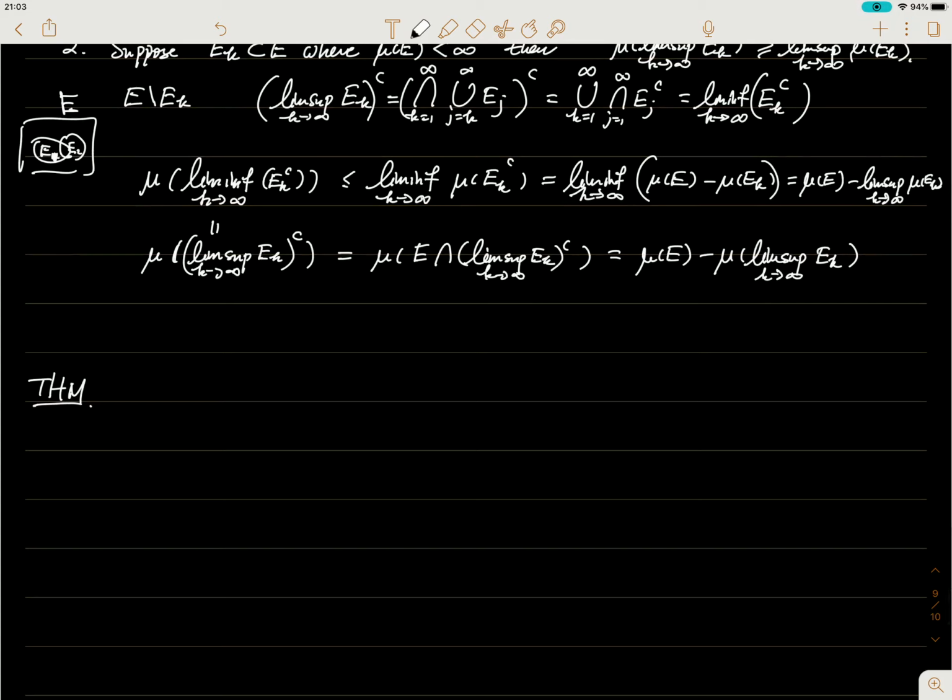Next theorem I'm going to prove is, suppose we have an open set G on this Rn, and we have E contained in G. Okay, and the E can be any set, doesn't have to be measurable.